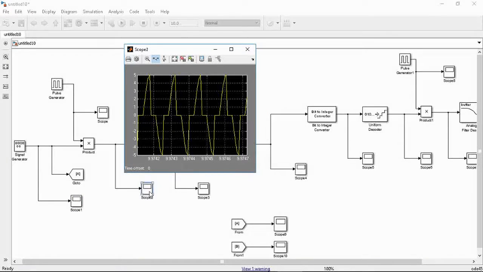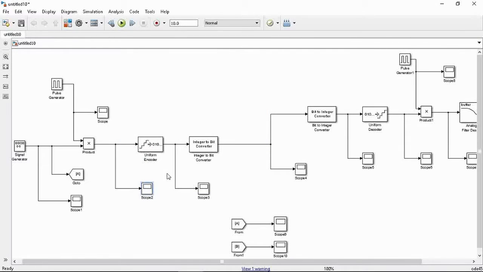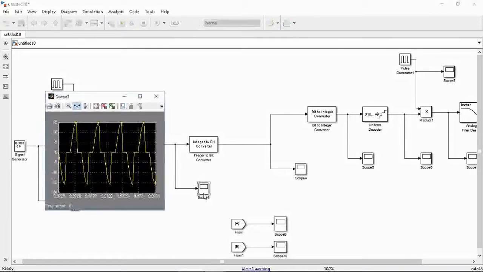As I mentioned earlier, all the related calculations are prepared in our report. And then we move along when the signal generator enters the product and the uniform encoder. The graph will show its sample signal, and all the calculations are shown in the report.